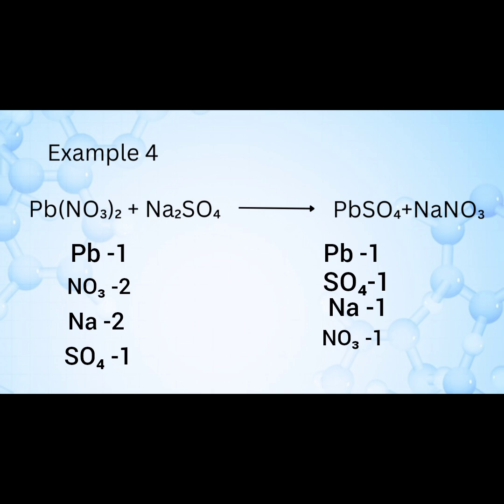Now, we can observe a difference, that is the number of sodium molecules in LHS is 2, whereas in RHS it is 1. So, if we multiply by 2, we'll get 2 molecules of sodium and 2 molecules of nitrate on both sides. Thus, the reaction is balanced.